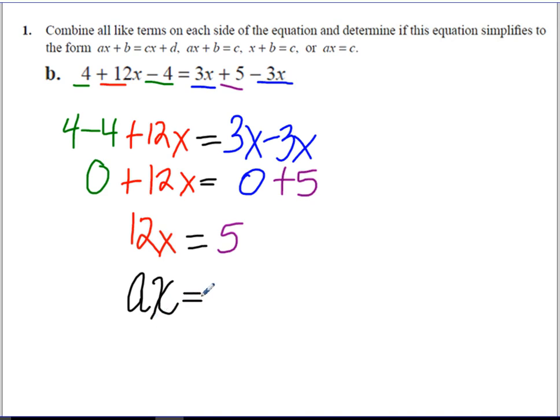And then the 5 is the second number in our problem, and so we'll give that the letter B. So this problem we have that AX equals B, although the way that they wrote that was actually AX equals C, because they're using that B on the left-hand side and the C and the D on the right-hand side. But it's still the same pattern whether I put a B there or a C. That we have a number times our unknown equals a constant.